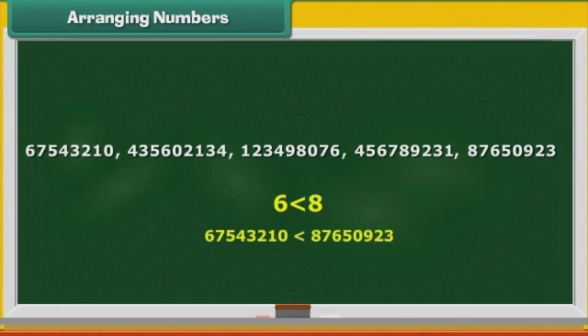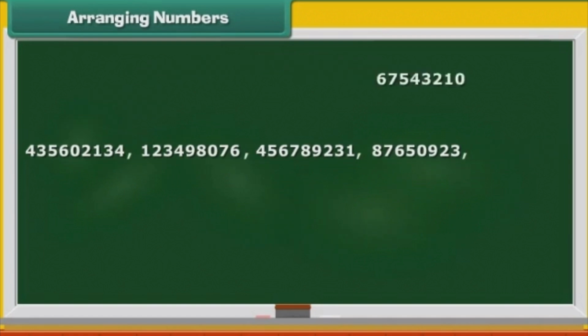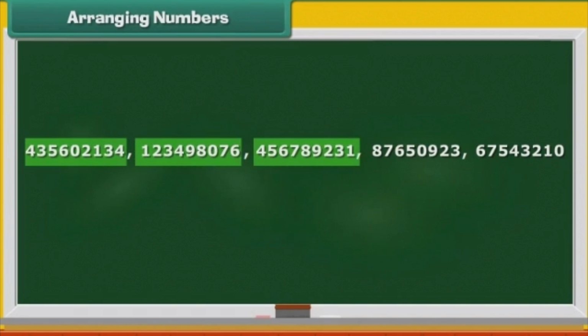Therefore, 6754 3210 is lesser than 8765 0923. Place 6754 3210 after 8765 0923. Now consider the three 9-digit numbers.